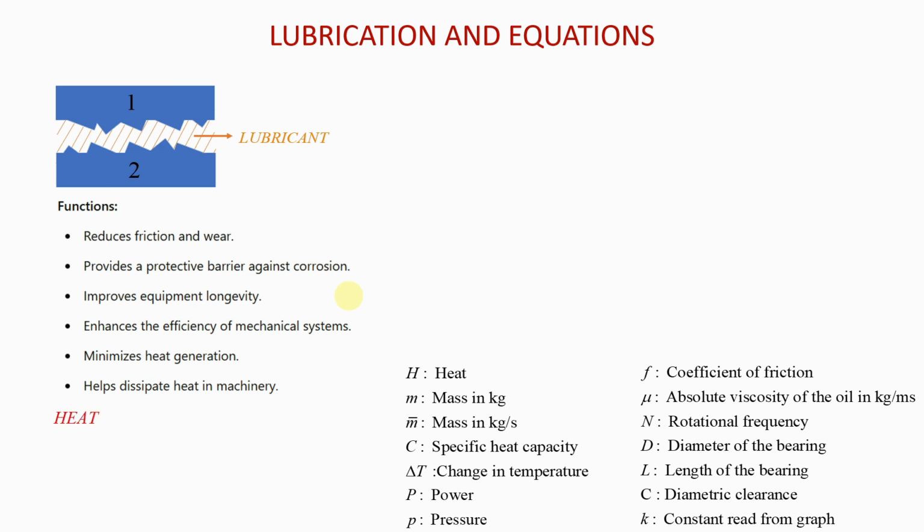Okay, so now let us look at heat. Now, in real life applications, okay, the heat that is generated by two objects that are rubbing against each other is not going to be completely dissipated through the lubricant, okay? However, in this module, in most cases, we will assume that that is the case, that the heat that is generated is equal to the heat dissipated.